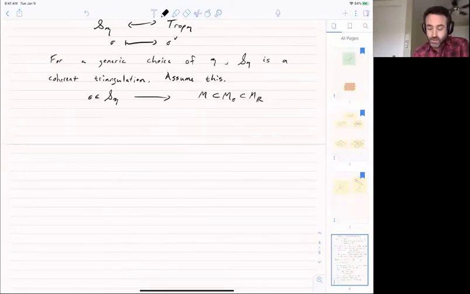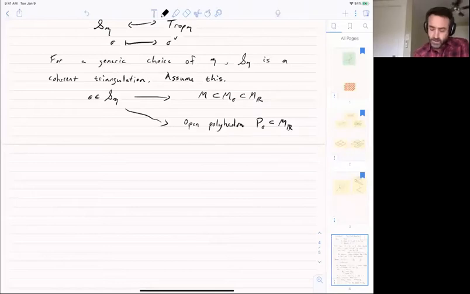And then I will construct an open polyhedra, called P sigma, which is contained in M_R.